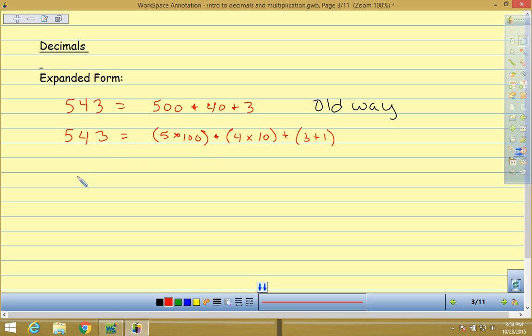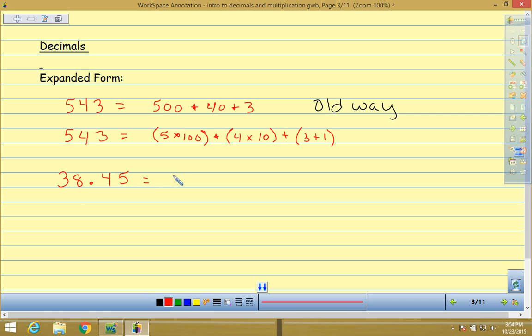So if we were to practice with, for instance, a decimal, we could use 38 and 45 hundredths. And let's write this out in both ways.